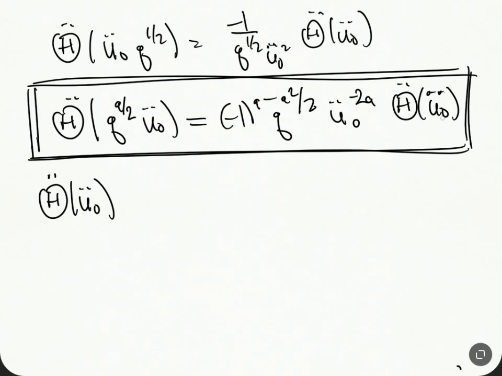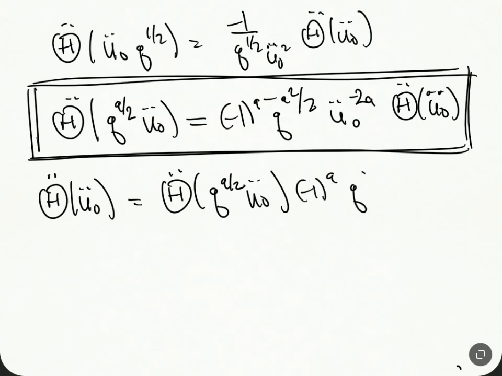So I'm solving for this. So this is equal to theta, and then we have q to the a over 2. Then we have -1 to the a. Then we have q to the a squared over 2 u0 dot dot minus 2. So if we're going to sign here, this is a plus.